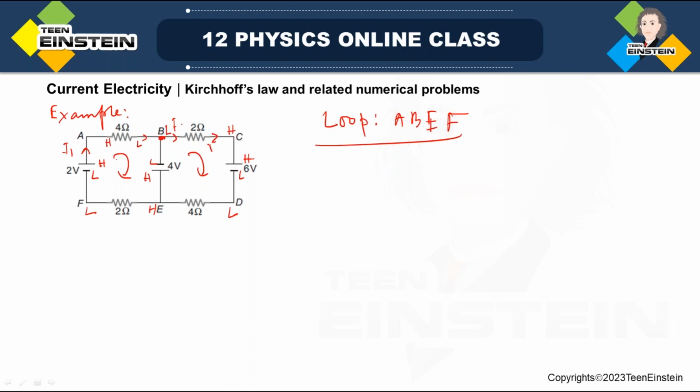One is through C, one is through R3. So this I1 itself is getting divided into two parts.